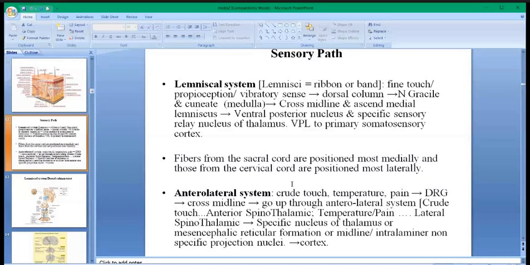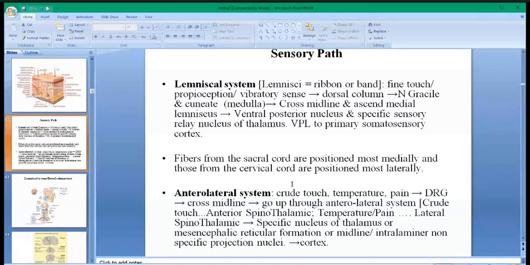Light touch is crude touch. Heavy touch is also crude touch. And if heavy touch is heavier, then it is pressure. And if pressure is too much, it gives a tissue-damaging effect. That tissue-damaging effect is called pain. Am I clear?